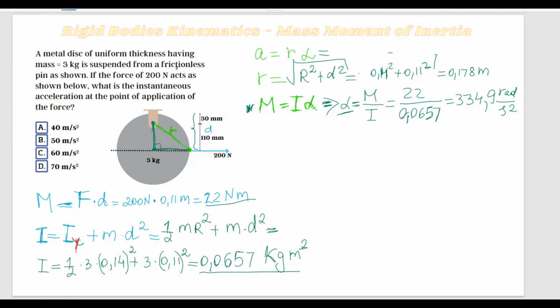The acceleration is equal to 0.178 multiplied by alpha, the angular acceleration, 334.9. I get an acceleration of 59.63 meters per second squared. So 59.63 is approximately 60, and the correct answer is going to be C.